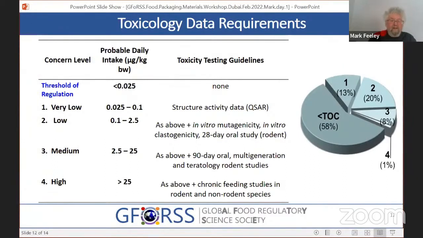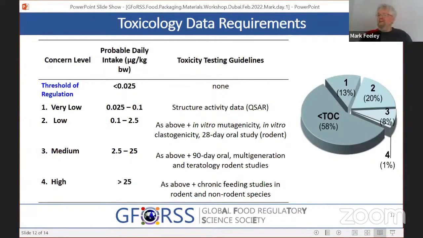How do you assess the safety in order to comply with the Food and Drug Regulations that no packaging material should impart to the food a substance that's injurious to the health of the consumer? There are definitely background documents that can be provided on this, but essentially the majority of regulatory decisions are made based on a threshold of regulation, or in other words, it's also referred to as a threshold of toxicological concern.